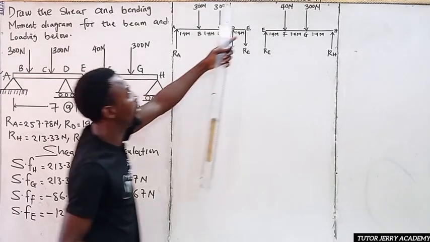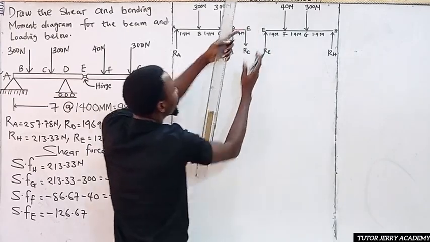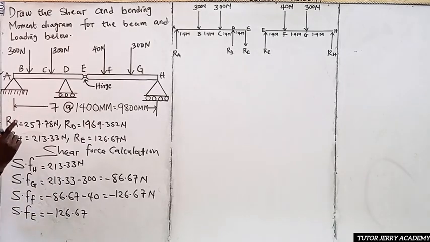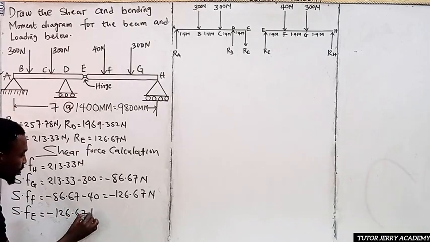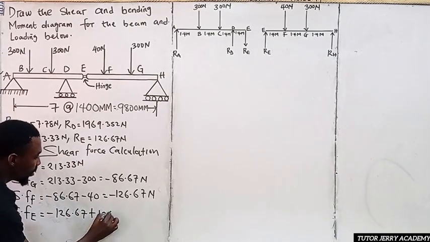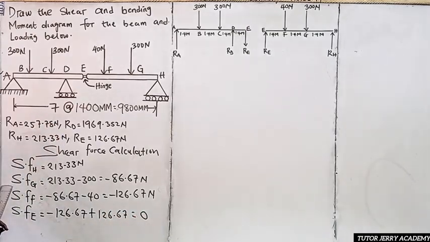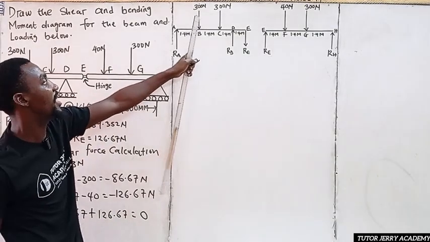So if you start at point E, we are going to be seeing four forces, right? 1, 2, 3 was this upward force. And our arrow E is the same thing with this number. So plus 126.67. So this will be equal to 0.